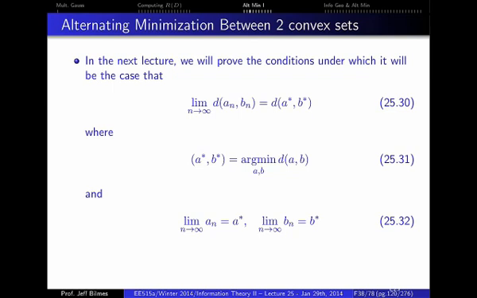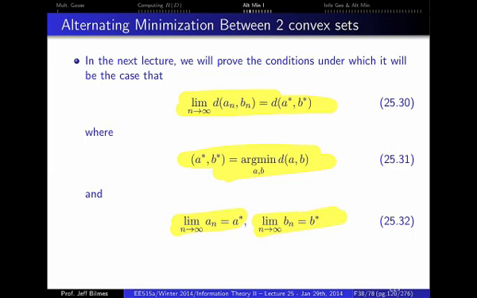So, in the next lecture, actually possibly even in this lecture, in the next 7 minutes of class, no, actually probably in the next lecture, we're going to prove the conditions under which the limit, as n goes to infinity, of this sequence of pairs a n, b n converges, or I should say, d of a n, b n converges to d of a star, b star, where a star, b star is the true minimum, and where this limit is equal to a star and this limit is equal to b star.